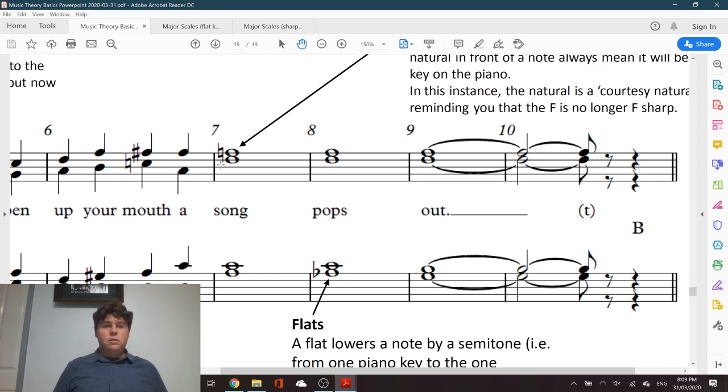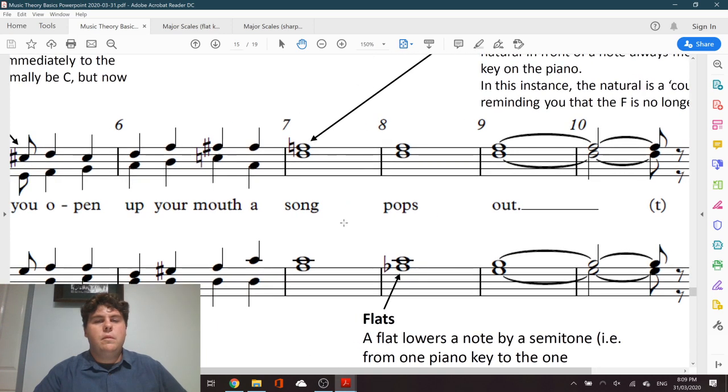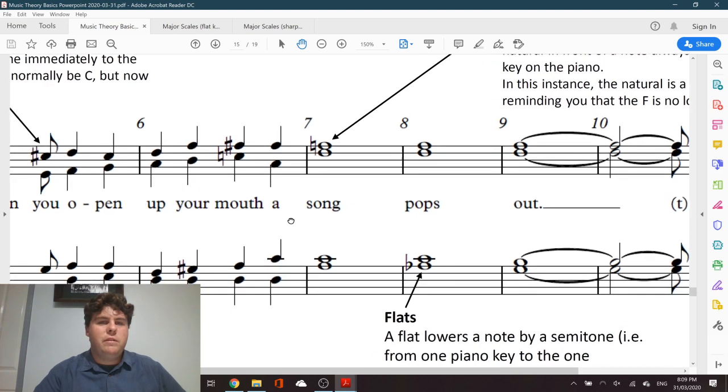That's a good question. So do we always need to use a courtesy natural to remind us that it's gone from an F sharp back to an F natural? I made this in Sibelius, and that program sort of does it automatically.